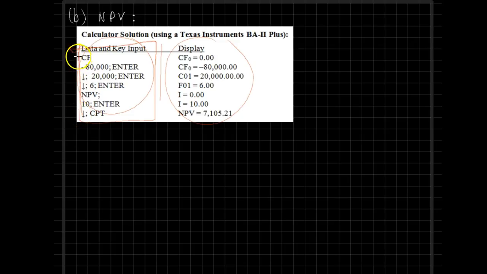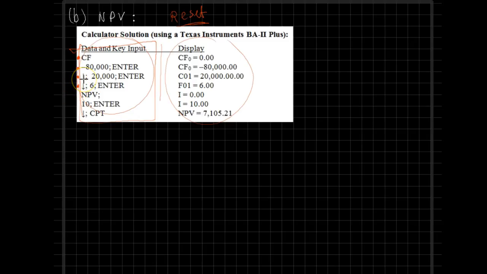So let's begin. As usual, we start by resetting our machine first. You already know how to reset your machine. Then you press the CF key, you enter the initial outlay, then you start entering the cash flows.